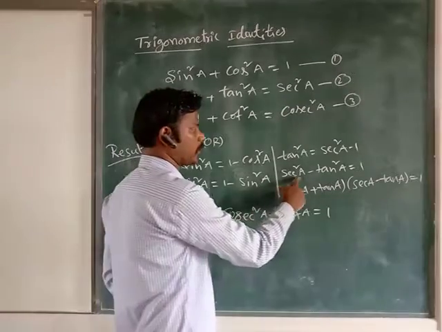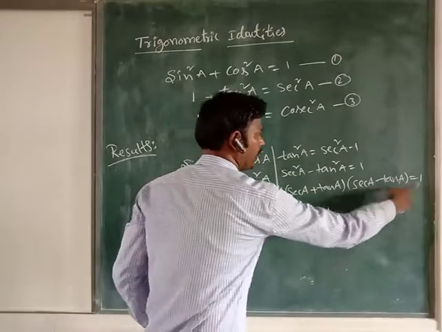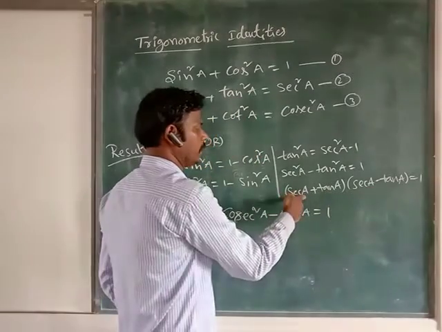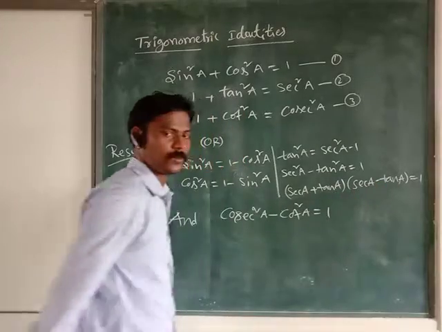This is nothing but the a square minus b square formula, which is (a plus b)(a minus b) equal to 1. That is (secant A plus tan A)(secant A minus tan A) equal to 1.